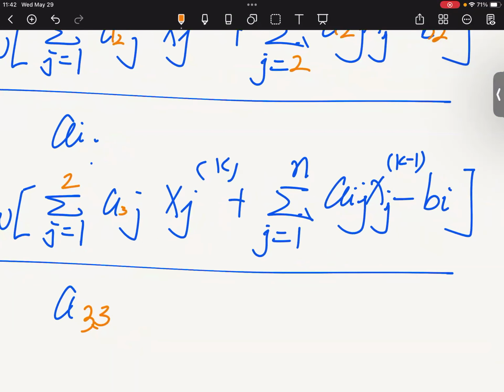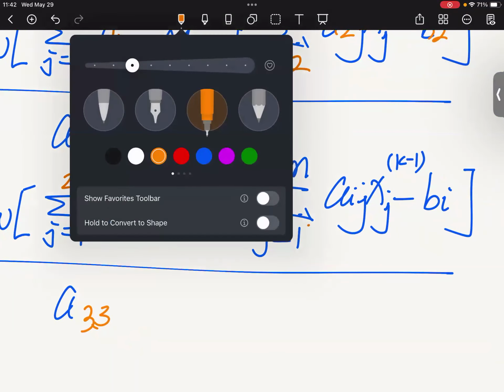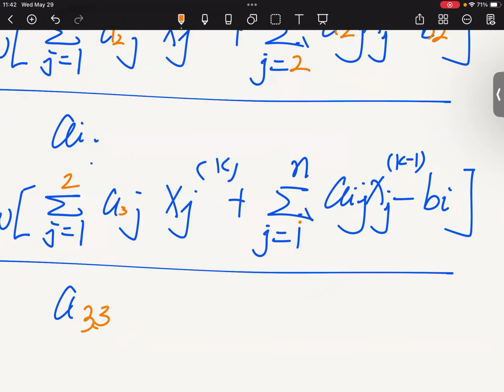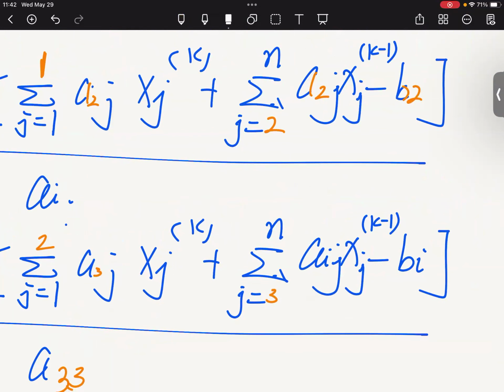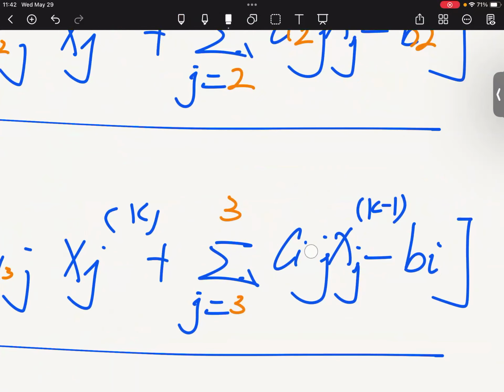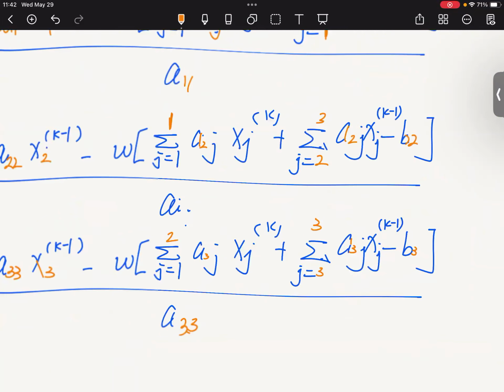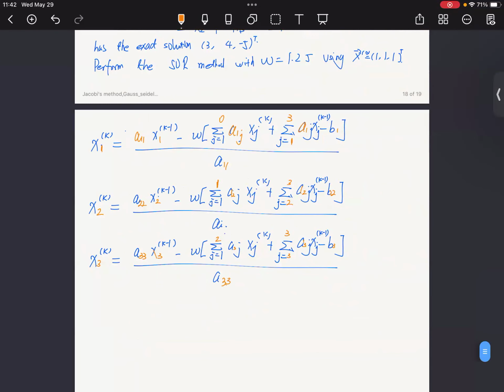This one should be j from equals i, so it should start from 3. And what's the n? n equals 3. And this one, aij, should be a3j, and this one is b3. Okay, good.